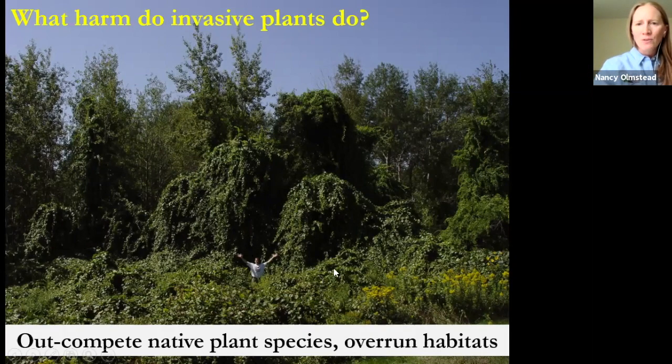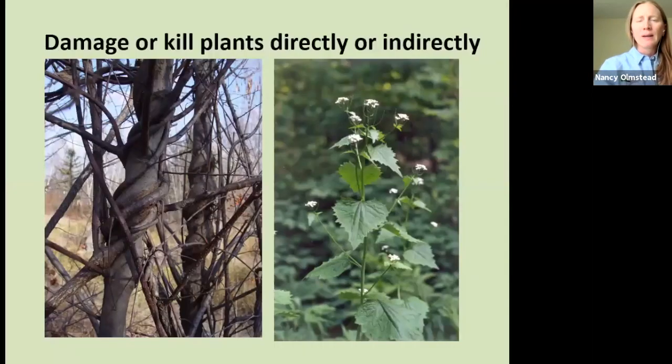The vines are also forming a blanket on the wildflowers and herbaceous plants in the foreground here. So this is a bad example of an infestation where the invasive vines, the Asiatic bittersweet, has completely overrun this habitat. So that's a very obvious harm that the invasive plants can do.